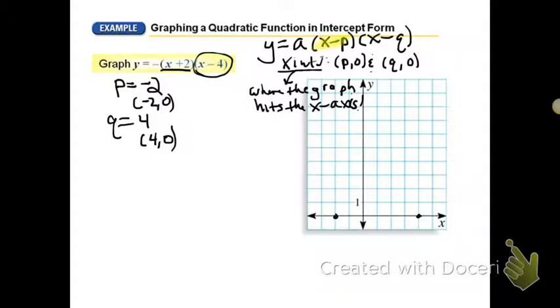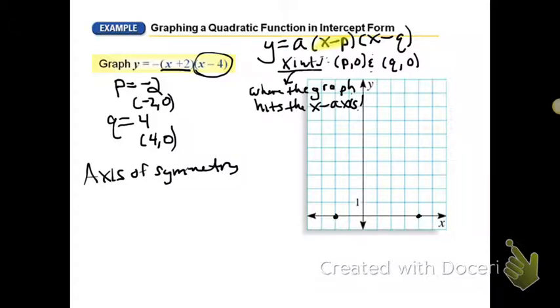Now, the next step is to find my axis of symmetry. My axis of symmetry is the halfway point in between those two intercepts. We could probably figure that out just by looking.